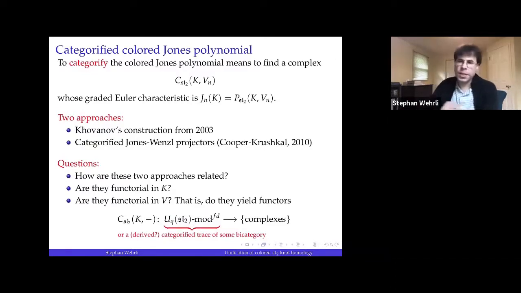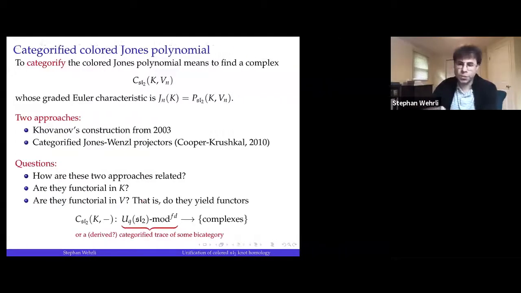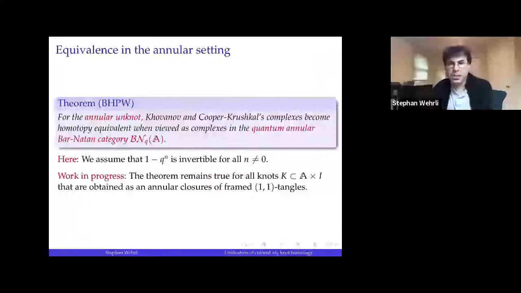So what we did with Anna Bilyakova, Matt Hagenkamp, and Chris Putera, so we studied these questions, or at least these two questions, in a quantum annular setting. So what we can prove is the following. Suppose we're looking at the annular unknot, so just an essential circle in the annulus, and we look at Kavanagh and Cooper-Kruskal's complexes for the n-colored Jones polynomial of this annular unknot.